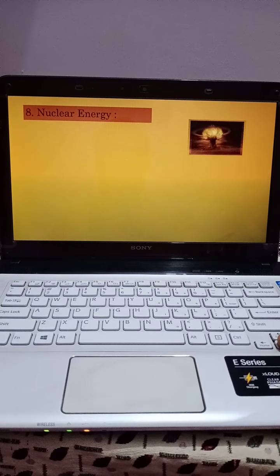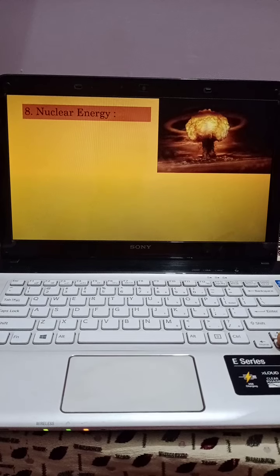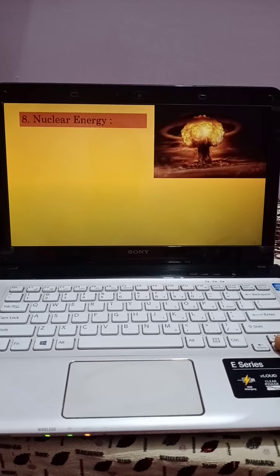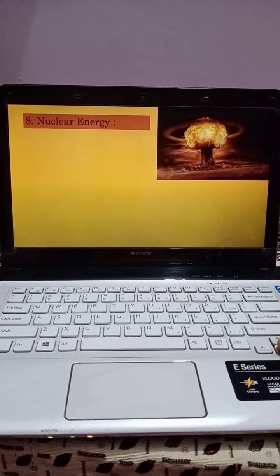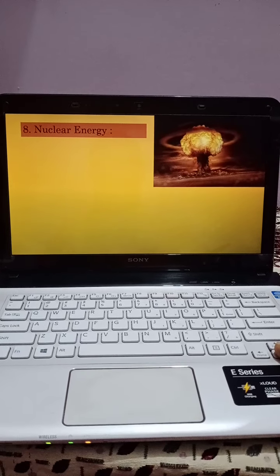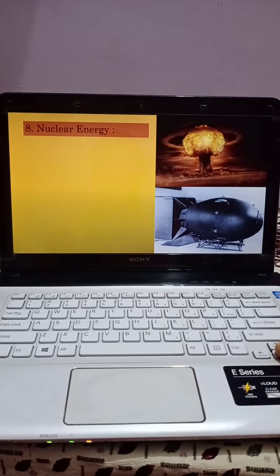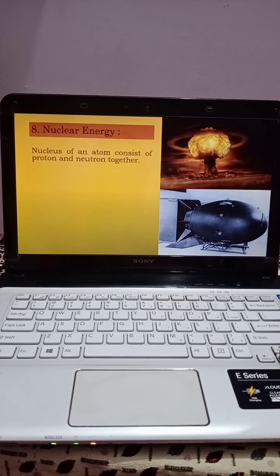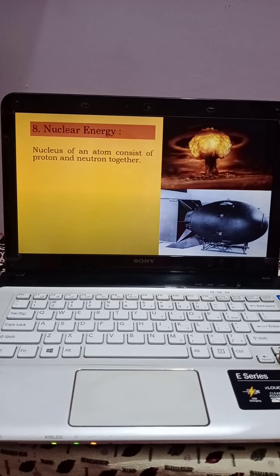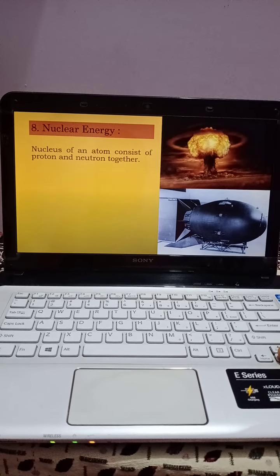Next example we are going to see is nuclear energy, and this diagram shows the nuclear fission reaction, or an example of a nuclear bomb. This is the nuclear bomb. So what is nuclear energy? The nucleus of an atom consists of protons and neutrons together.